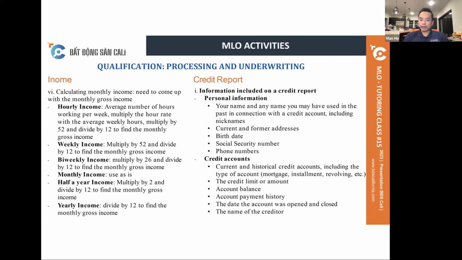Next, the credit limit amount. This is important right here. Every credit card that you open, to begin with, you may get a $500 credit line. Over time they increase you to $1,000, and eventually you get a $10,000 credit line. Imagine you have 10 credit lines and each has $10,000.